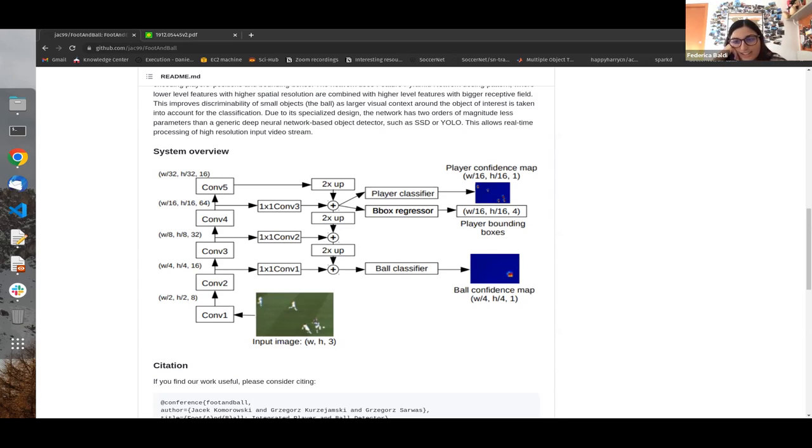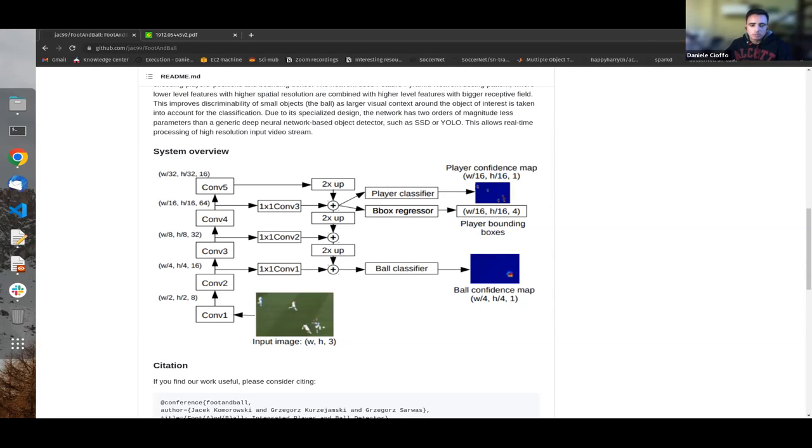I don't know. Yeah, I think that it's because the ball is a very small object in the field, and in some way it's more difficult to detect the ball than actually the players. So probably they didn't need something more for the player, because also in state of the art it's quite usual to have a good result for player detection.